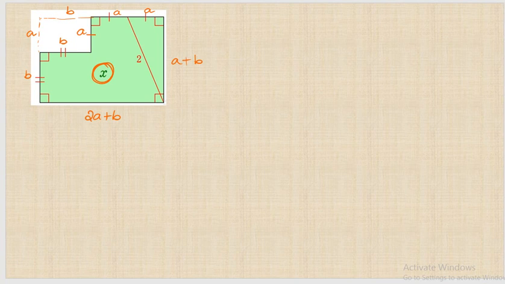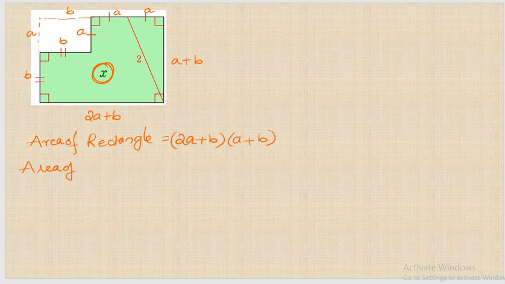Now the area of this particular rectangle is given by length 2a plus b, into its breadth, a plus b. Next, if I want to find the area of this shaded region, I need to consider the area of the rectangle, and from that I need to remove the part which I have added.